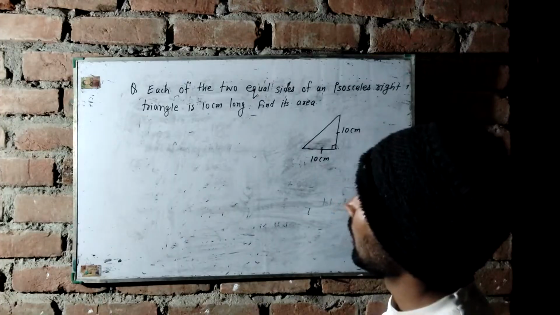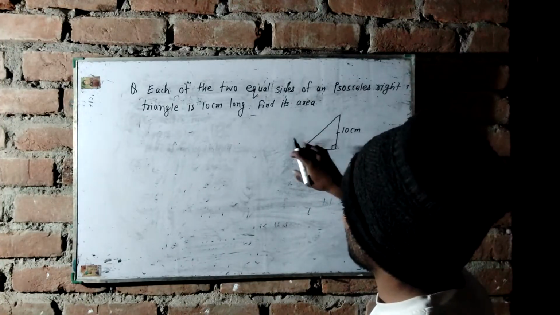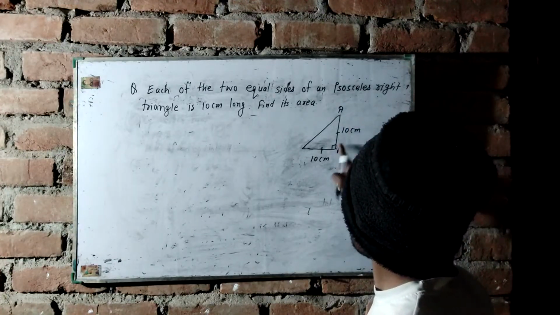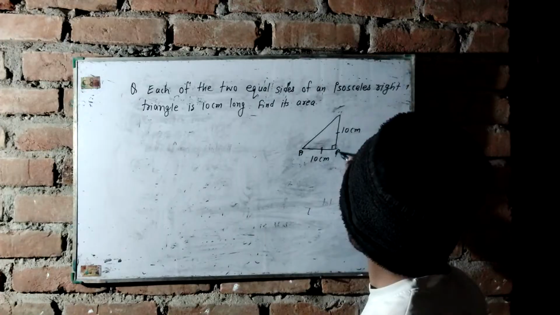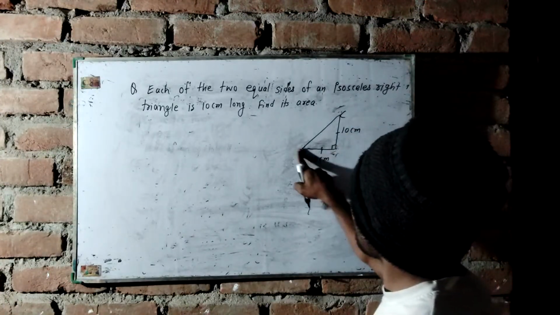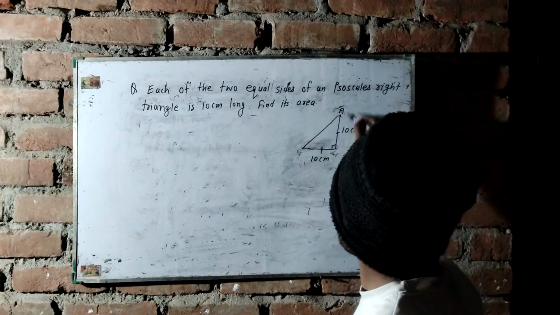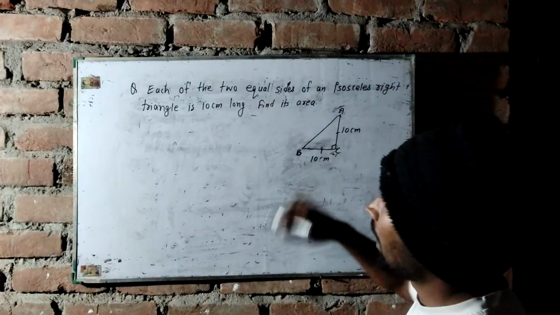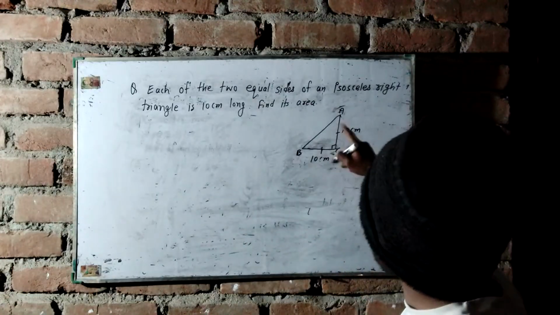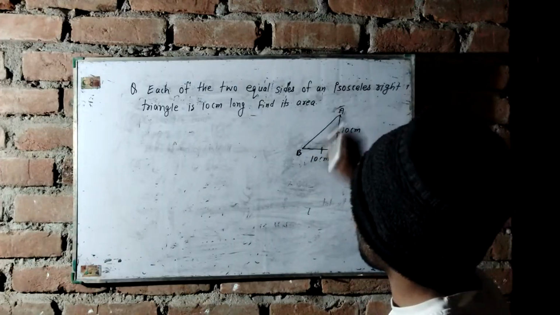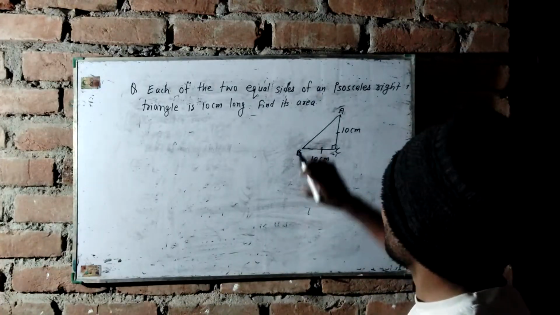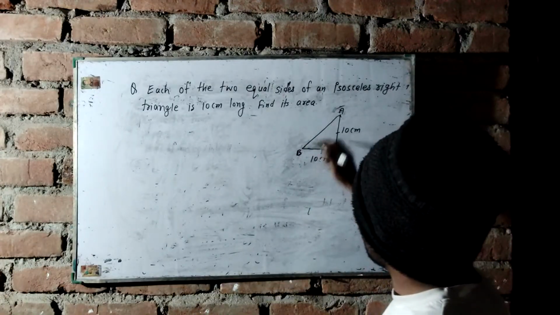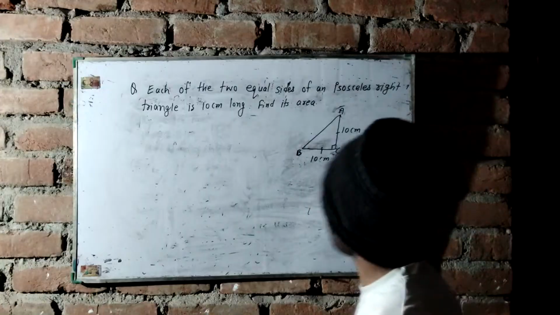Let me suppose that the given triangle will be A, B, and C. Also, you can write this triangle as ABC, as you want. This is only for understanding.